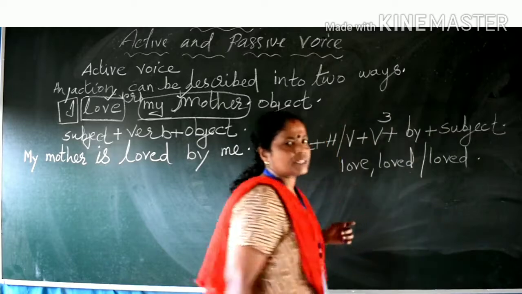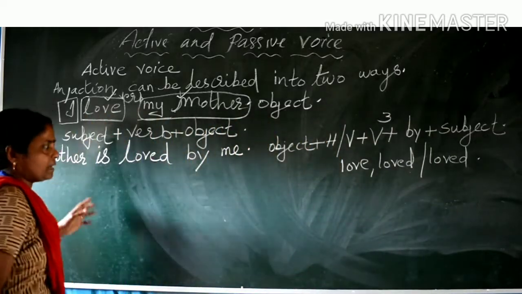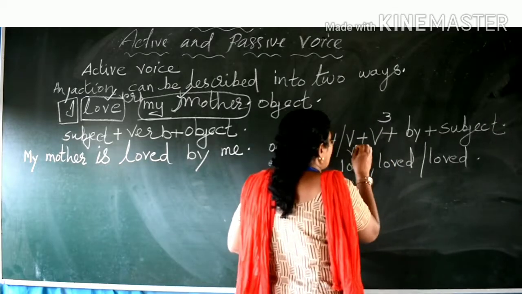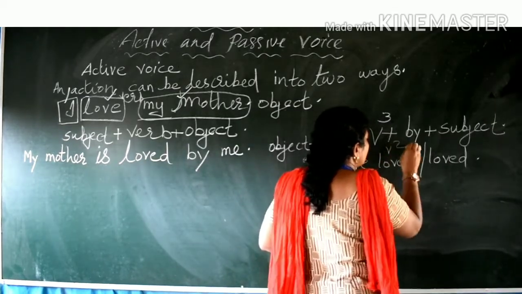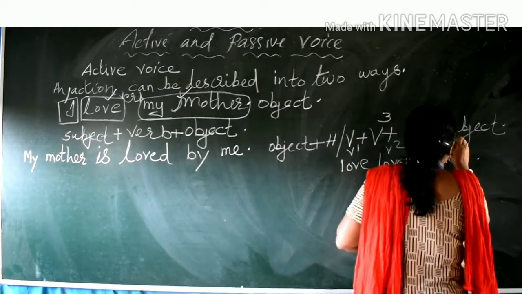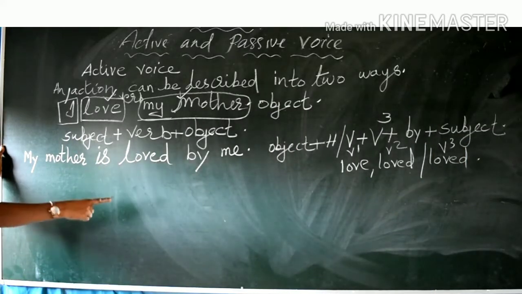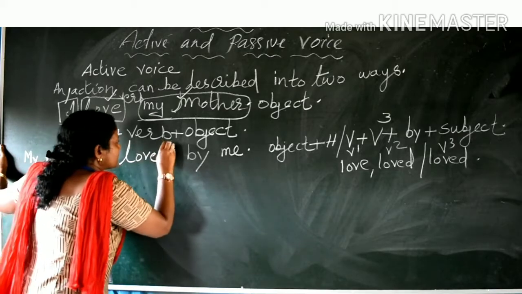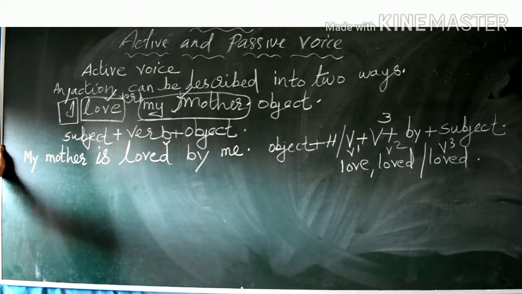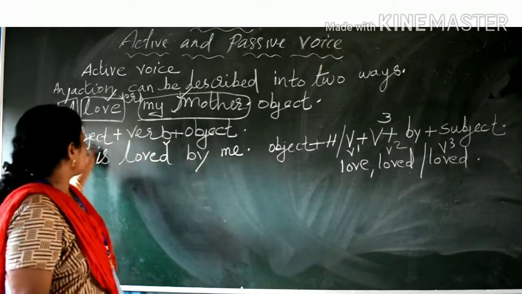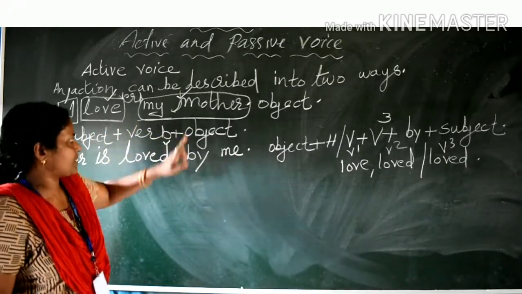Every verb has three forms. So while making passive voice, this is verb 1 form, this is verb 2 form, this is verb 3 form. So while making passive voice, we use the verb 3 form of the verb. And according to the formula, you see children, object, subject, verb, object.